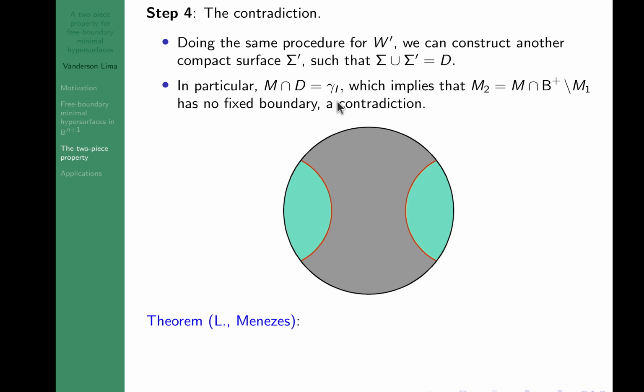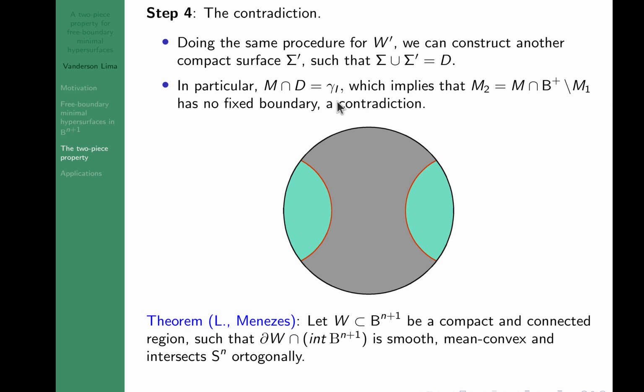And by using the same techniques, we can prove the following result, which is also a generalization of a result by Haas. It says the following: consider a region which is compactly contained inside the ball, such that the intersection of the boundary of the region with the interior of the ball is smooth, mean convex, and intersects the sphere orthogonally.